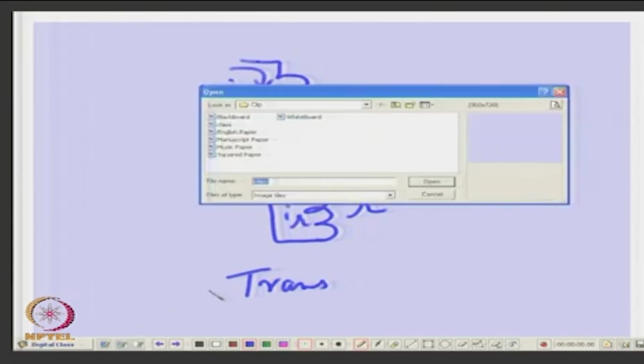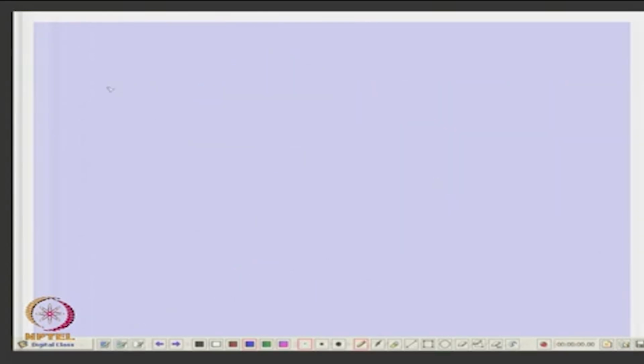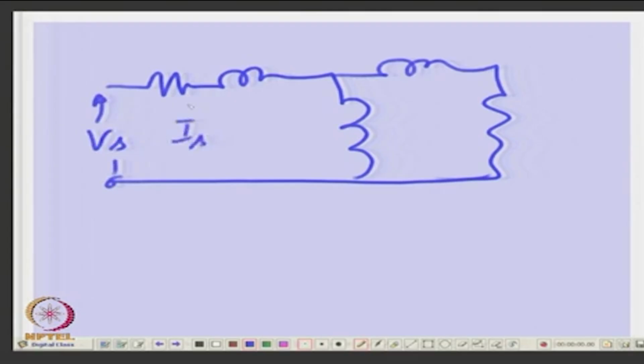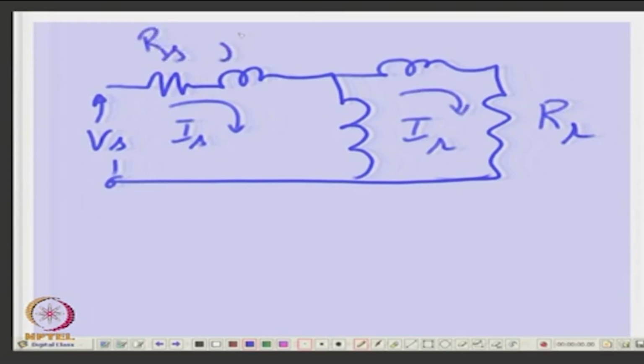Then what will happen? So, you can just write an equivalent circuit, is it not? So, you say this is your stator voltage, this will be stator current, and you normally have rotor current, and you have rotor resistance per phase, stator resistance, stator leakage reactance, rotor leakage reactance, and magnetizing reactance.